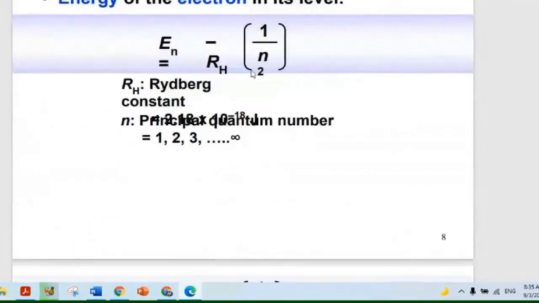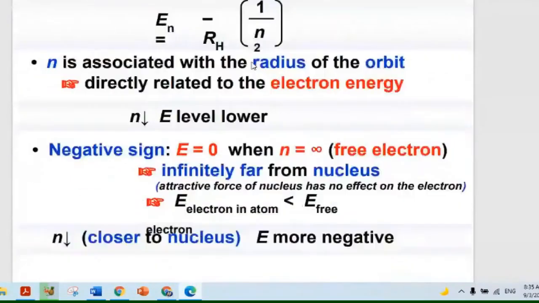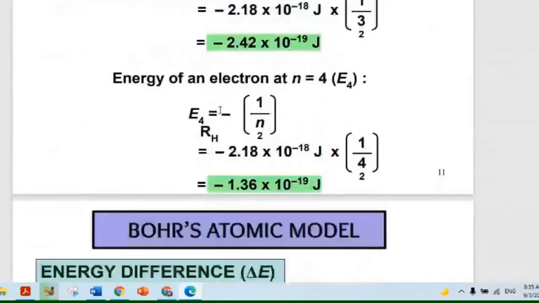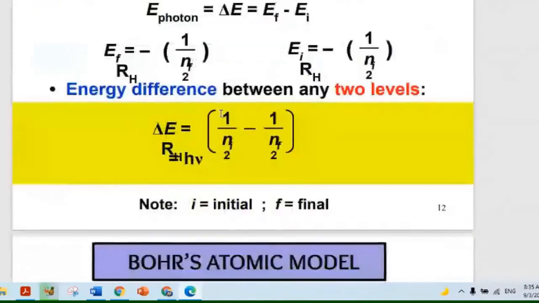So this is the formula to calculate the energy level. The formula I think you should know. After that you must know how to calculate E3, E4.